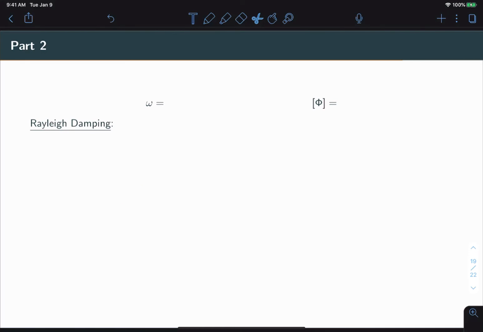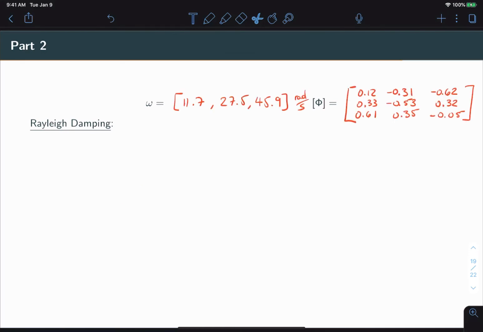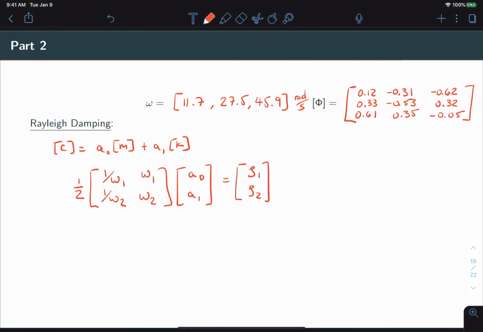Now moving on to Rayleigh damping. In this case, we'll need to use the values both for omega 1 and omega 2. Let's set up our main relationship first. Then we set up our system of equations. To solve this, we'll need to invert the matrix with the omegas in it. Let's call this matrix W. And so we have, after evaluating that expression, we get the values for A0 and A1.